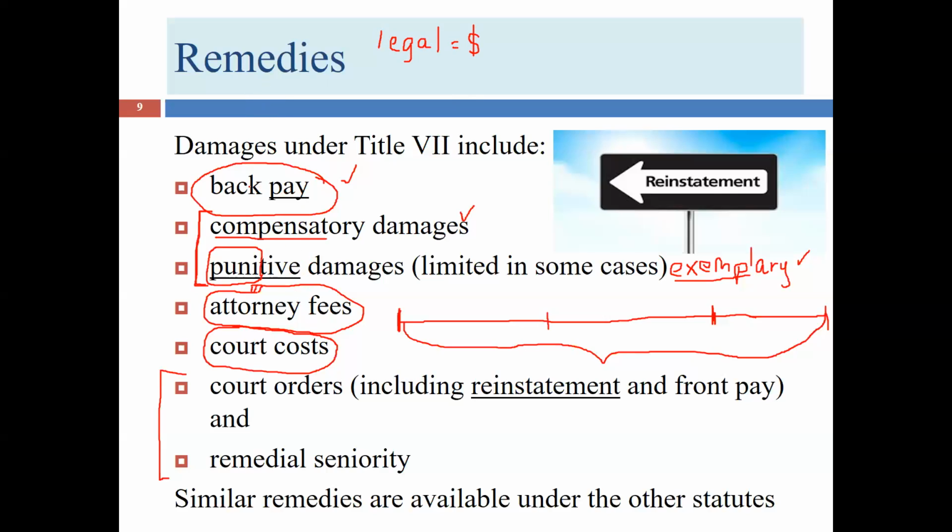The jury's going to come back with a number here, and a number here, and a number here. Well, actually, the judge comes up with these numbers, but these would be numbers that the jury were to come up with. They may be hard for the jury to arrive at, but they will come up with a number. These last two, though, aren't numbers. These are what we call equitable remedies.